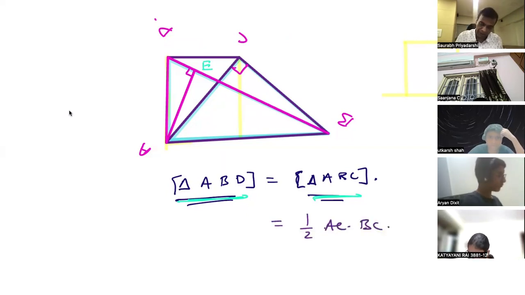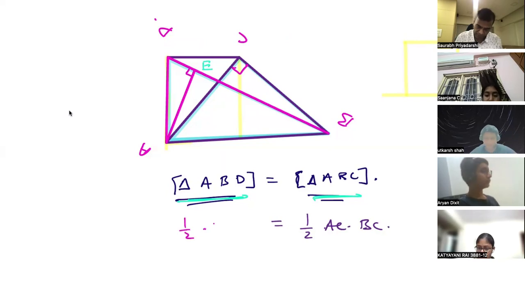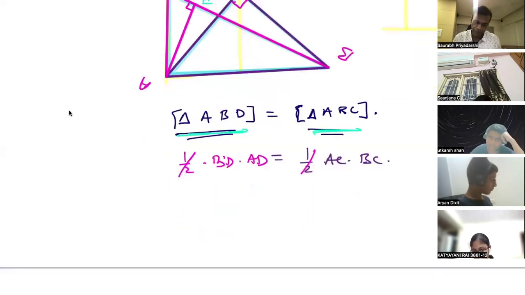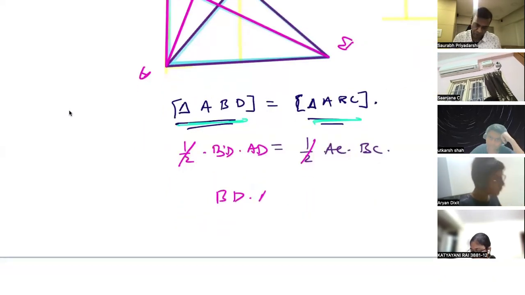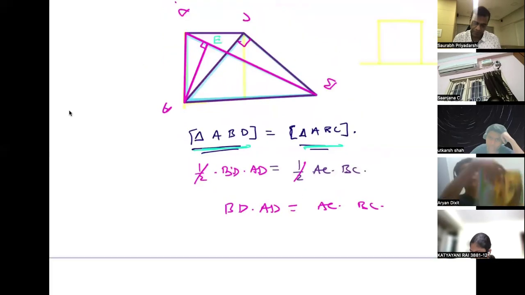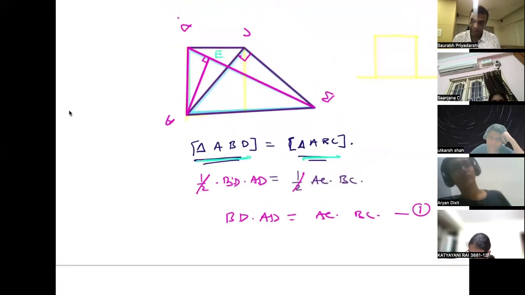Similarly, the area of ABD is half into BD into AD. Is this okay? So BD into AD is equal to AC into BC. Maybe you'll get this thing, what you have to prove.